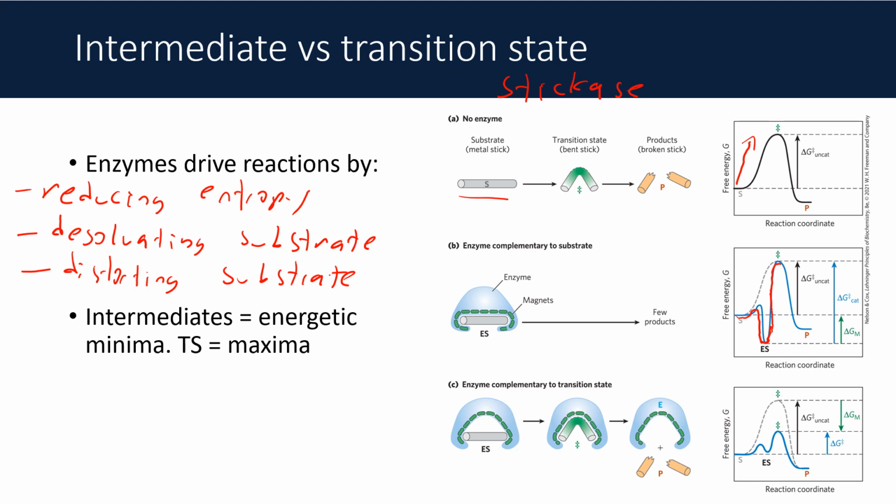So this is a good visual as to why enzymes aren't really meant to bind the substrate perfectly. This last illustration does a great job showing why enzymes are okay substrate binders.